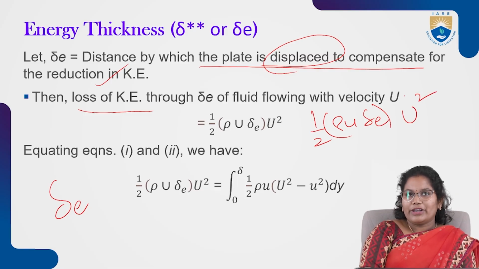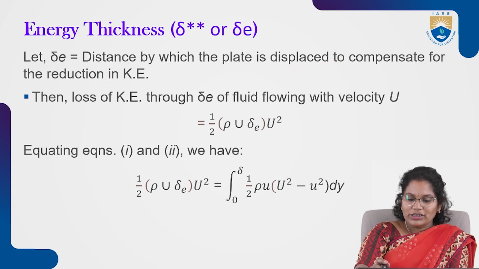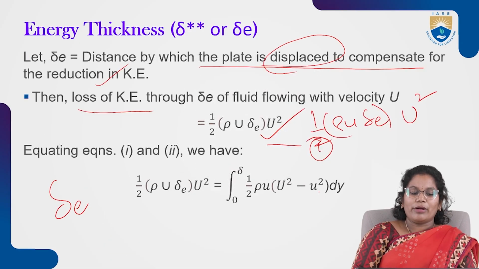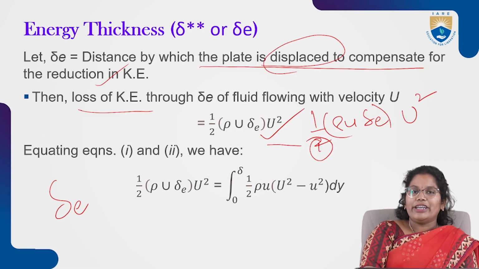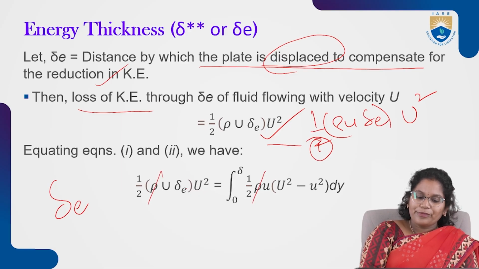When you equate this equation with the earlier one, rho gets cancelled, and half also.